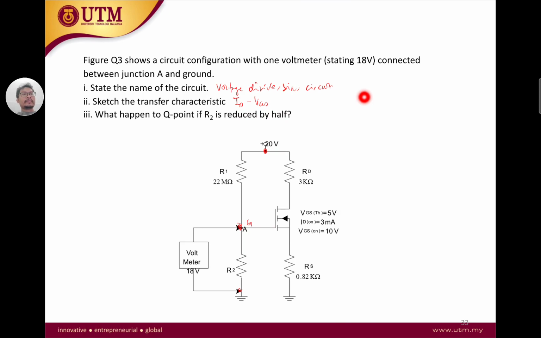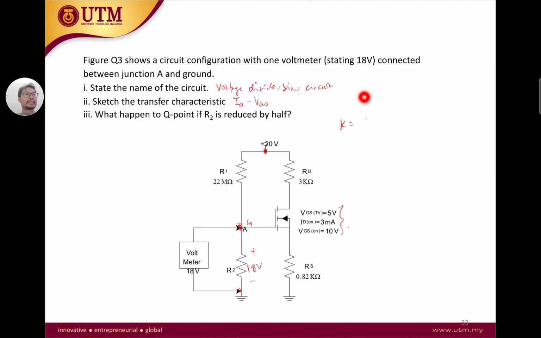For that we need to calculate the V Thevenin if it's required, but in this case we can see that the voltage across R2 is 18 volts. So the voltage seen between the gate and the ground is 18 volts, which means that our V Thevenin is in fact 18 volts. But first we need to calculate our K here.